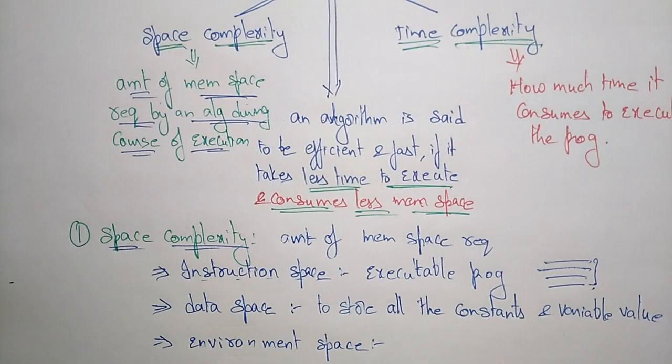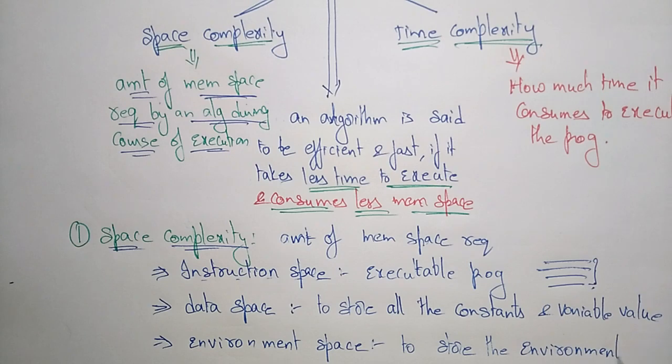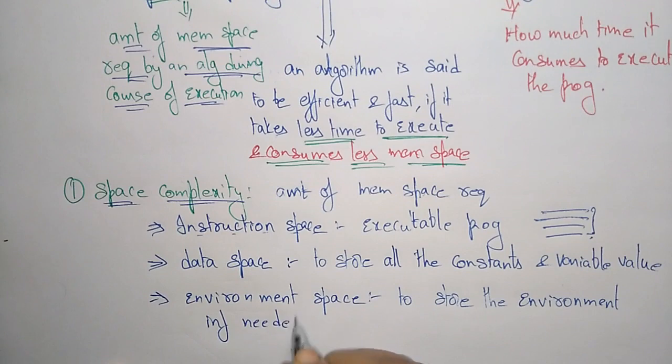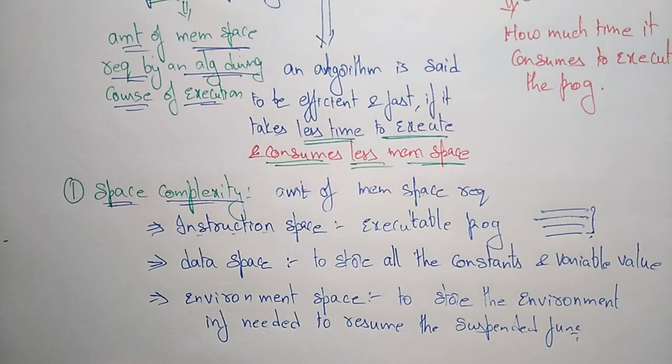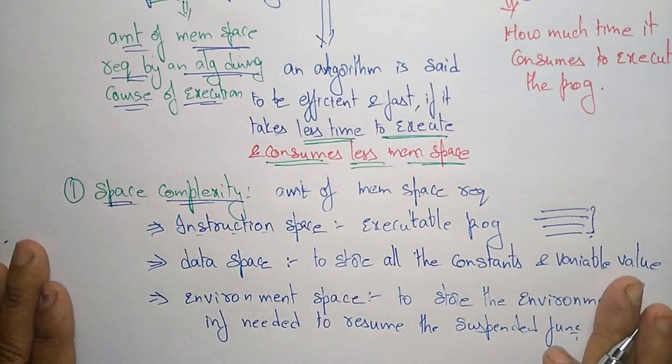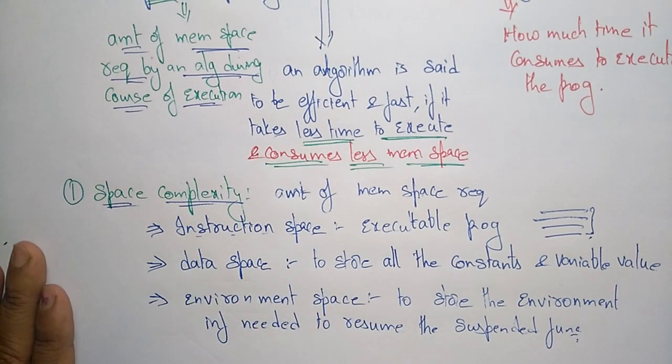Environment space is required to store the environment information needed to resume the suspended function. So the space complexity generally requires these three terms: the instruction space, data space, and environment space.